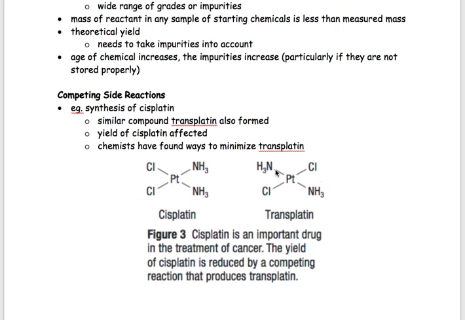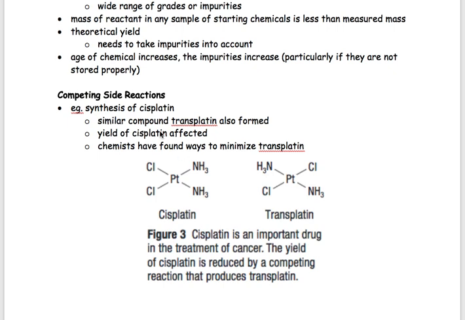Trans means to go across. So these ammonia branches here are attached across, where these ones are attached beside each other, out of the four branches. They are considered to be different substances, even though chemically they have the exact same formula.